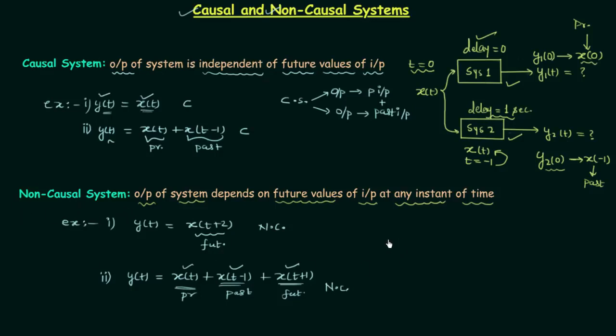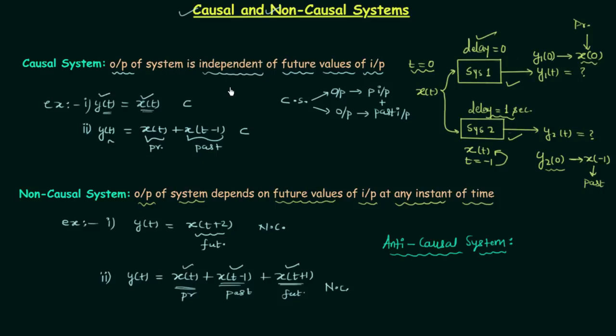There is one more system known as anti-causal system. So what are anti-causal systems? In case of anti-causal systems, the property of system is entirely opposite of the property of causal system. In causal system, the output of system should be independent of the future values.